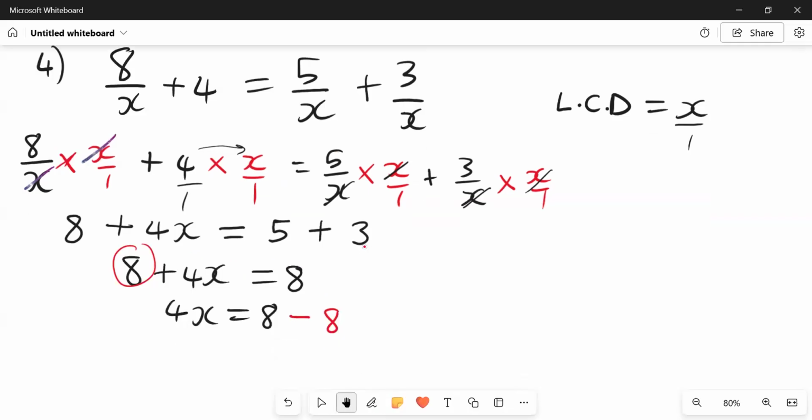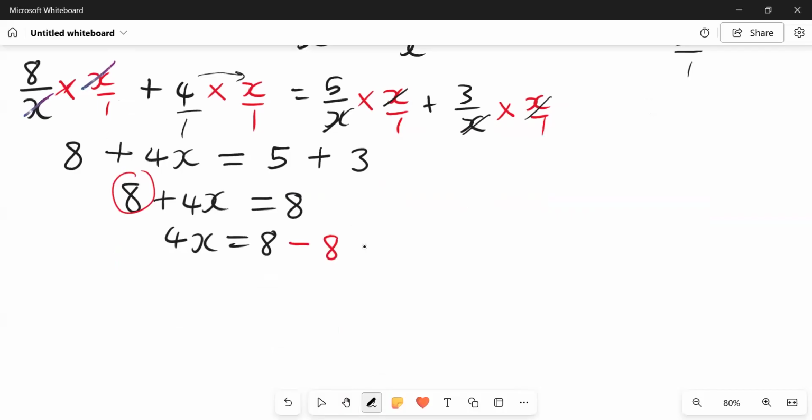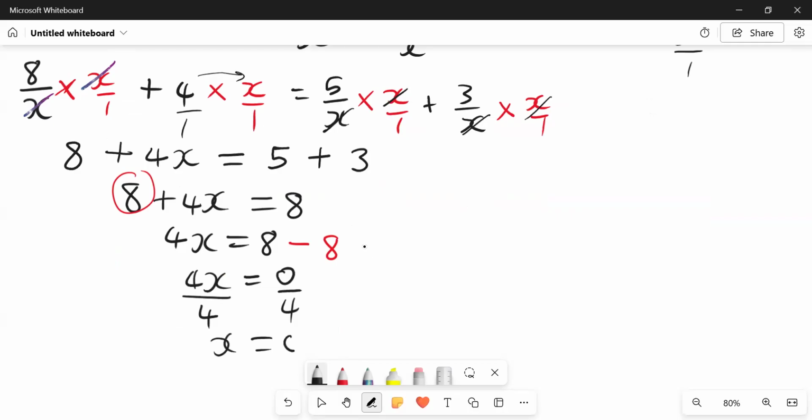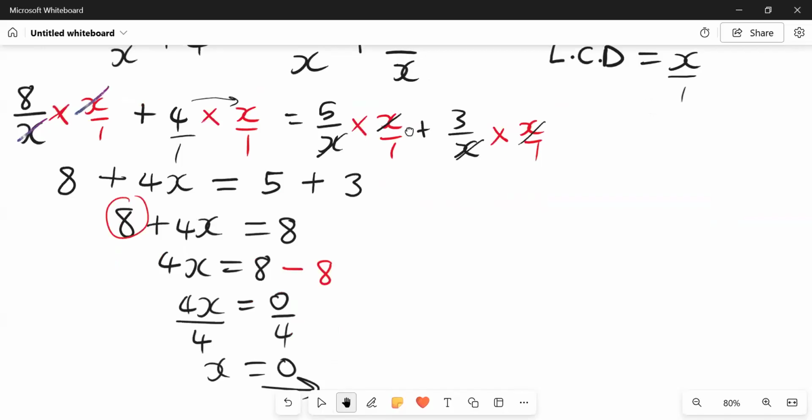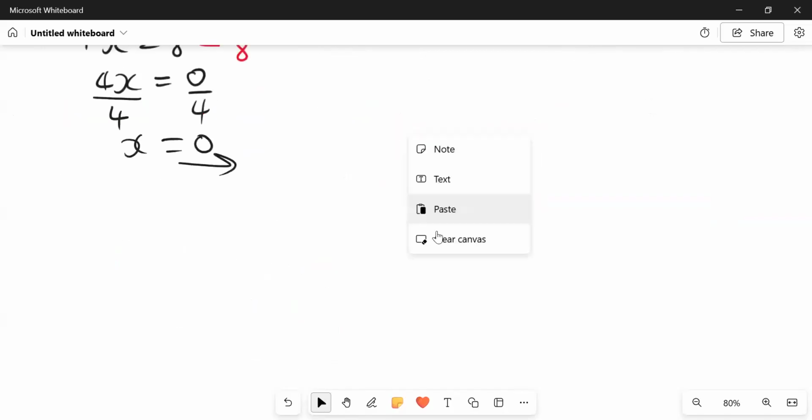And then now we're at the stage where we have 4x equals to 0, and you just need to divide by 4 both sides, and then we conclude and say x is equals to 0, right? And then okay, we're done with example 4. Let's move to example 5.